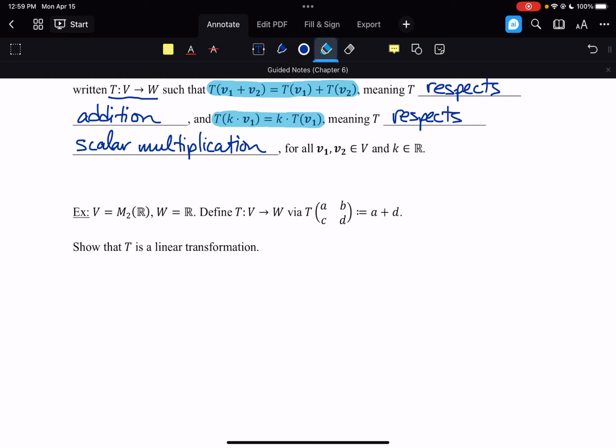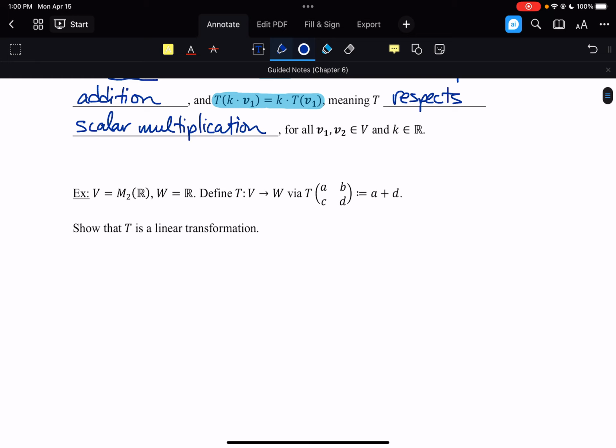Notationally, I should note, when you see something like this with the colon equals, that usually means that we're setting equal. So we're setting this transformation of A, B, C, D equal to A plus D. We'll do that a lot when we establish transformations, especially in the beginning of the sections here.